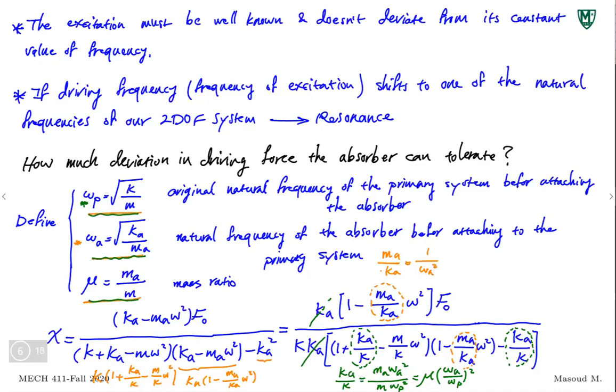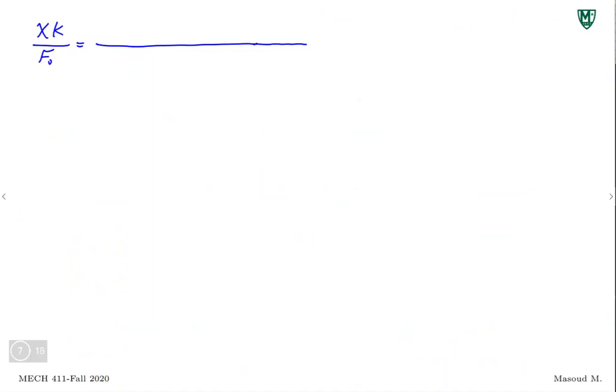From the numerator, I get 1 minus omega over omega a squared.